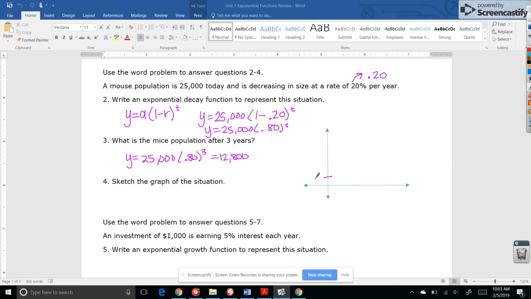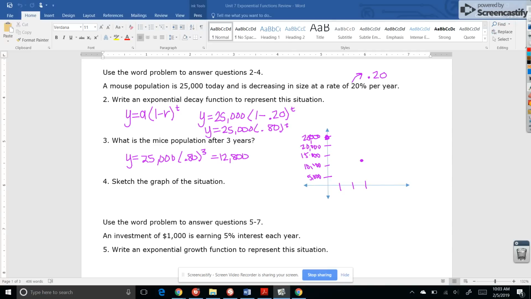So I'm going to say this is 5,000, 10,000, 15,000, 20,000, 25,000. That's my y-intercept. So 1, 2, 3, I'm down to 12,800, so that's about there.